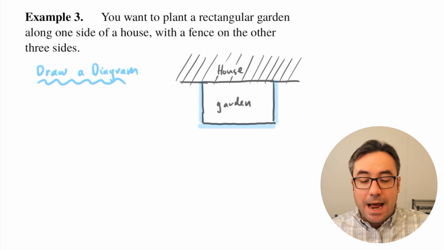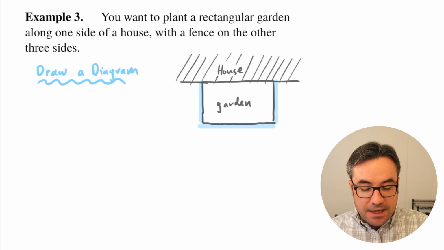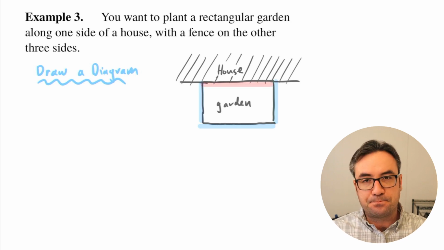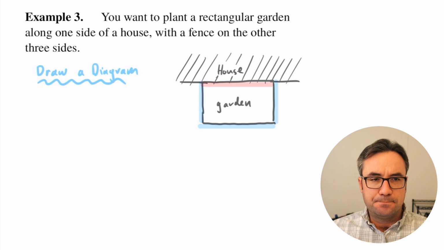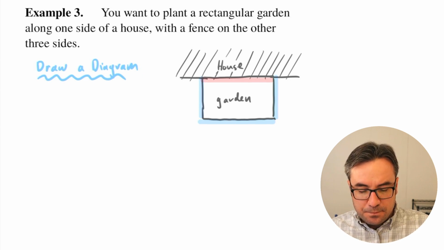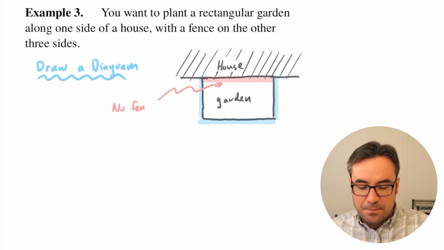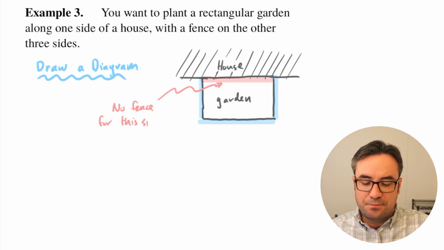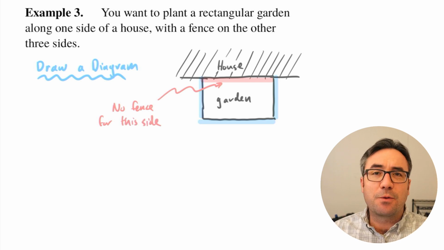And the one side we're not going to need a fence for is the side that's along our house. Okay. So, no fence for this side over here. The house is already doing that for us.